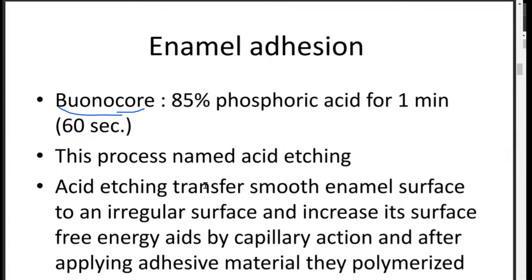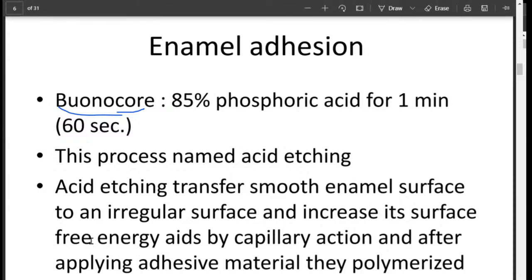Acid etching transfers the smooth enamel surface to an irregular surface and increases its surface free energy, which aids capillary action.